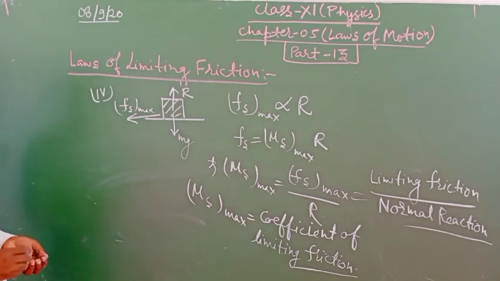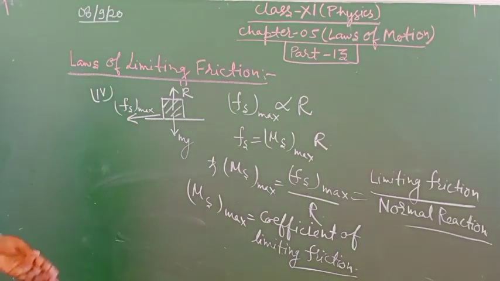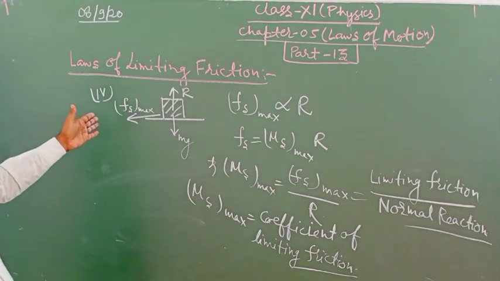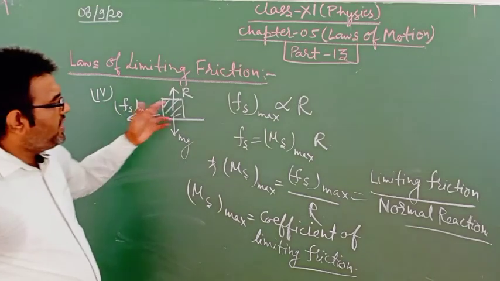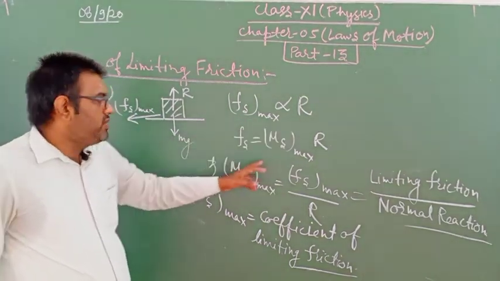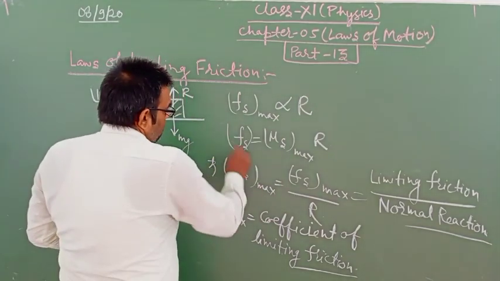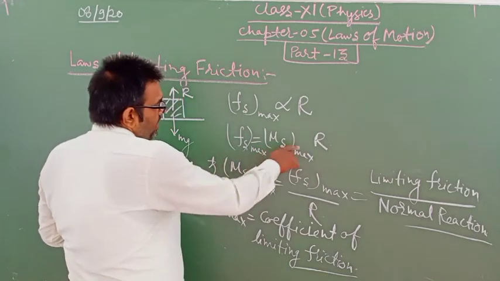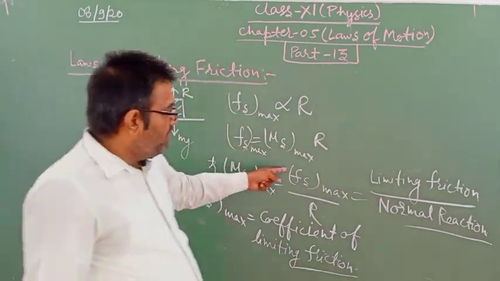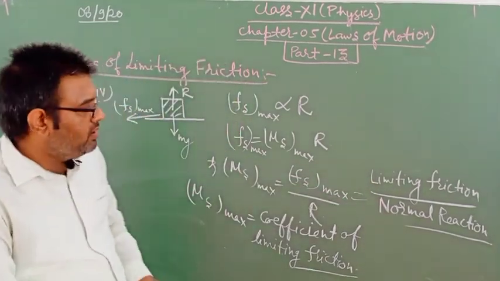Clear, students? This is weight mg and this is normal reaction R. This is Fs max, that is the limiting value of the friction. As we studied, the limiting friction is directly proportional to the normal reaction. So Fs max can be written as mu s max into R, or mu s max, the coefficient of limiting friction, is equal to Fs max upon R, that is limiting friction upon normal reaction.